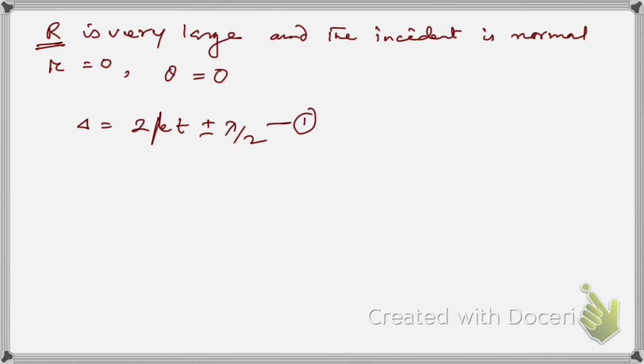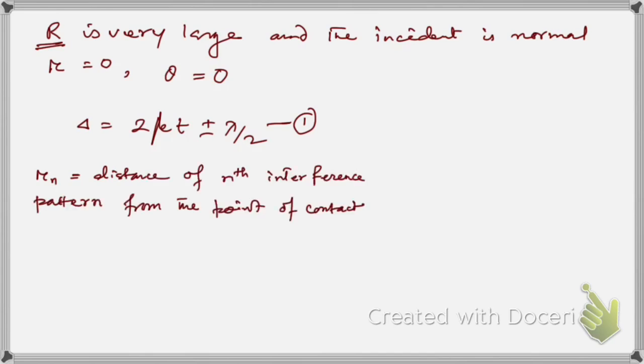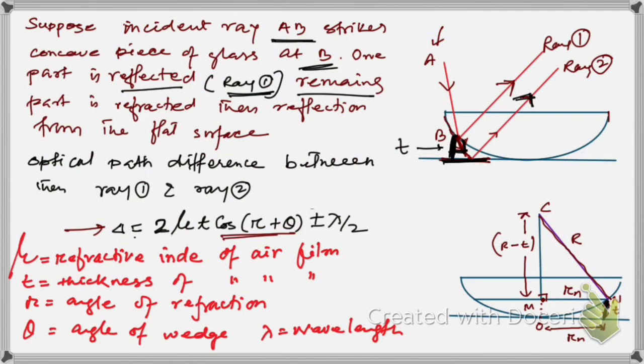Now let us take that Rn is the distance of the nth interference pattern from the point of contact. So here you see, this is the distance Rn. Suppose we get the nth interference pattern from this point of contact where this concave shaped glass plate touches the flat one.